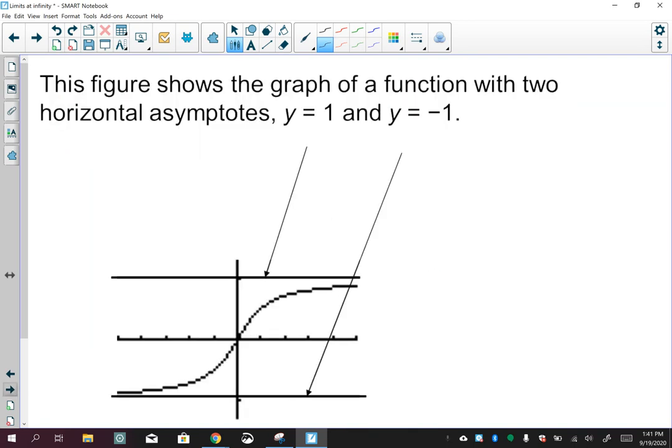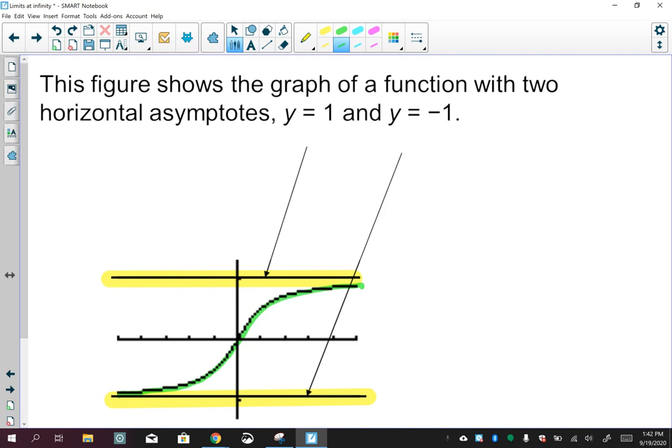And so if you take a look here, I have this graph. These 2 lines right here, this one right here and this one down here, those are my asymptotes. And how do I know this? Because if I take a look, my graph is going off and doing something like this, and then it's leveling off again, which means I'm running along something.